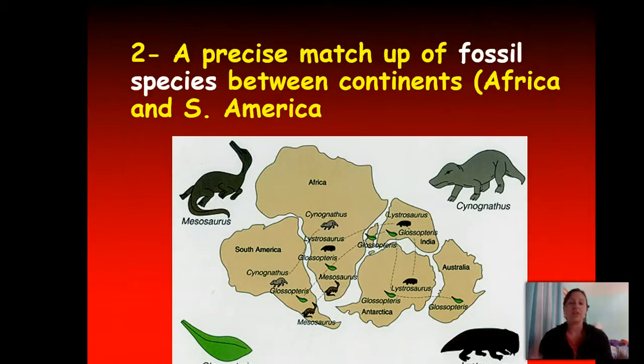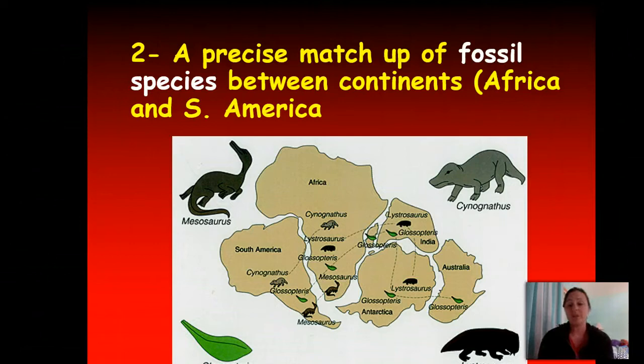So it's logical that the continents were all together on one large landmass and that the species walked from one location to the other, and then died and became extinct, and then the continents separated, and so now we have this fossil evidence on each different continent.